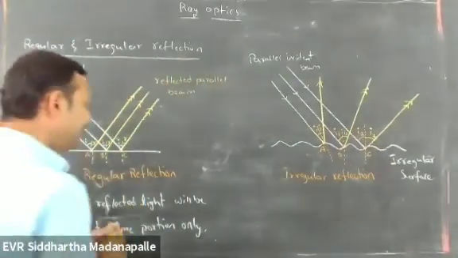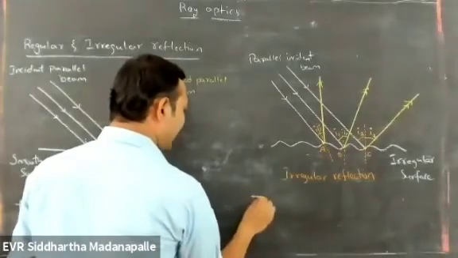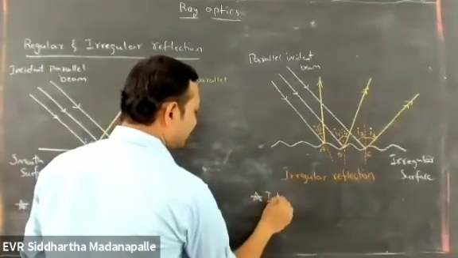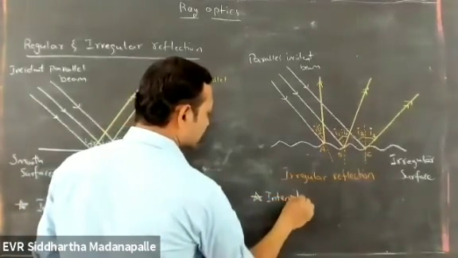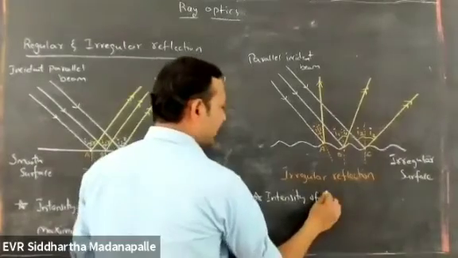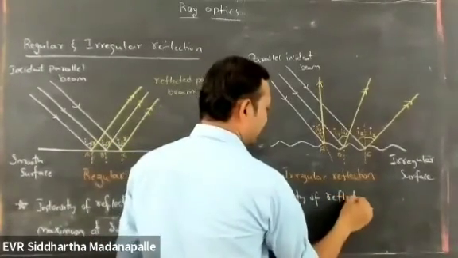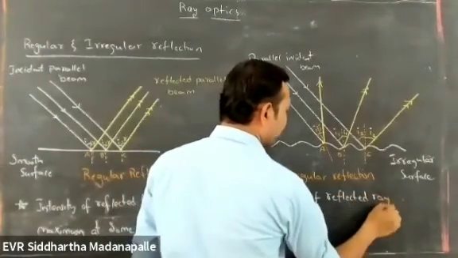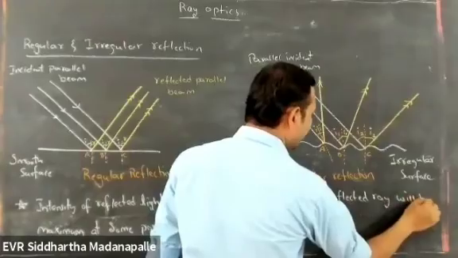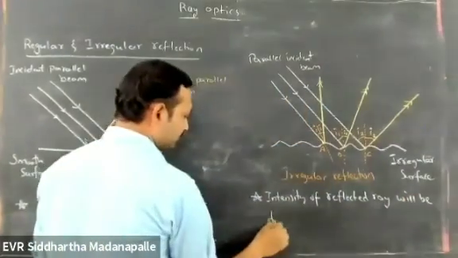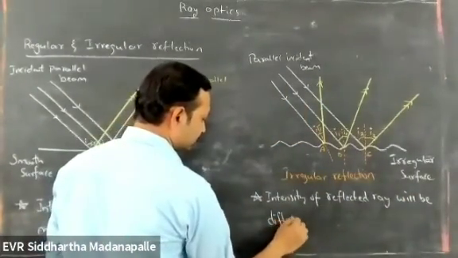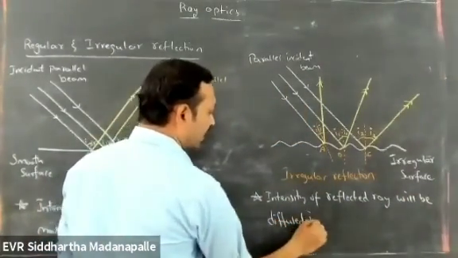Now, what about the important point? What is the intensity here? In this case, the intensity of the reflected ray will be diffused in all directions.